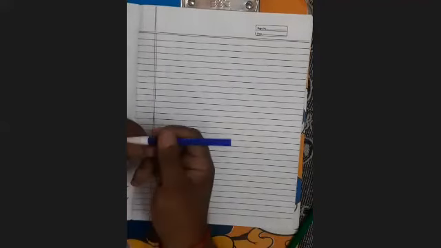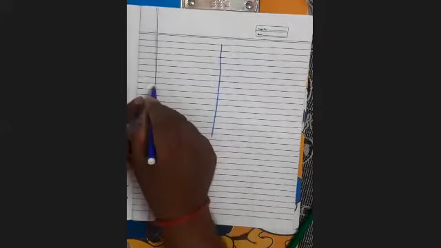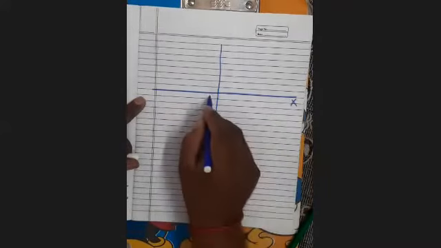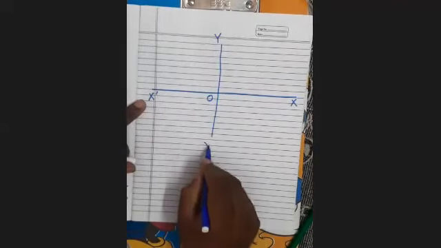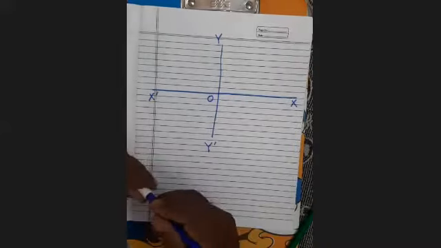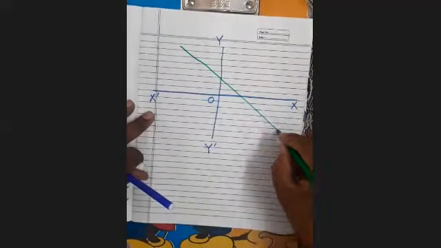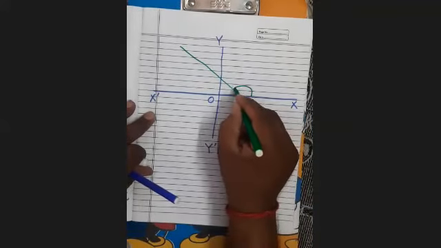Now suppose the graph is like this. Y O Y dash. Now the graph is like this. Here you can see what the angle of inclination is.